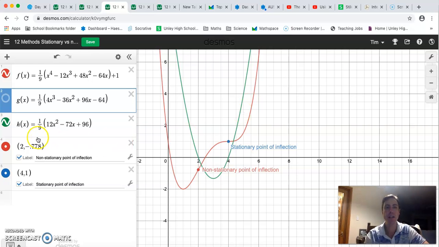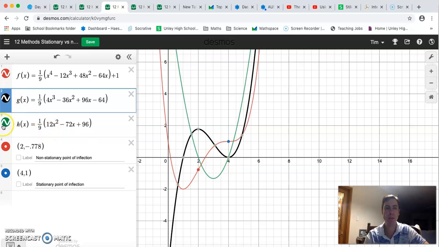How are you going to distinguish between stationary and non-stationary points of inflection? We can find both points of inflection when the second derivative equals 0.